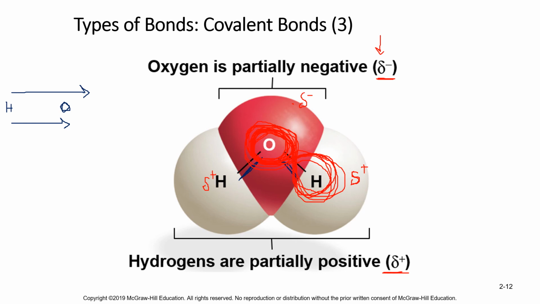They're spending more time around oxygen and less time around hydrogen. So the oxygen will be partially negative, and the hydrogen will be partially positive. So if you see an OH bond, those are always polar.